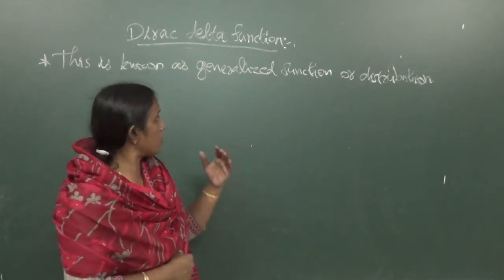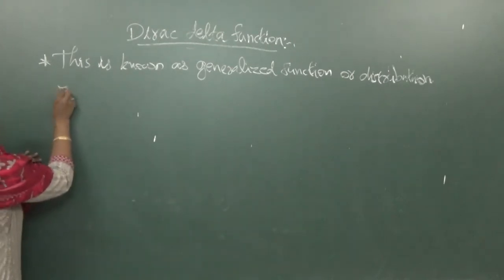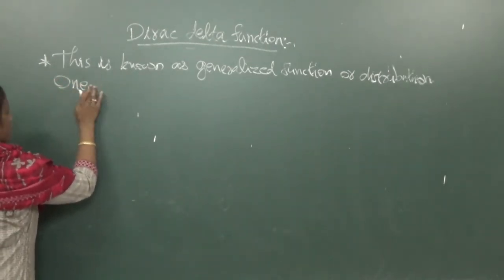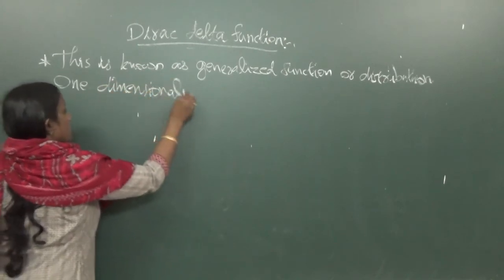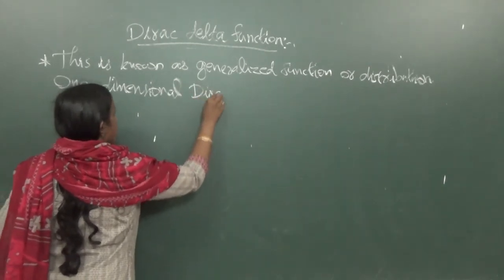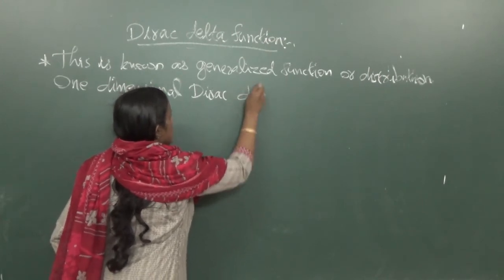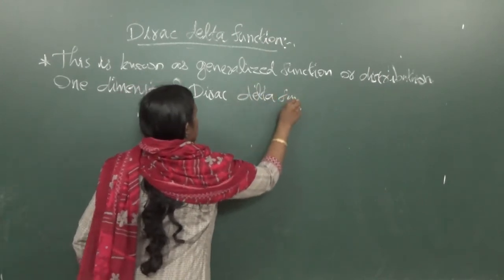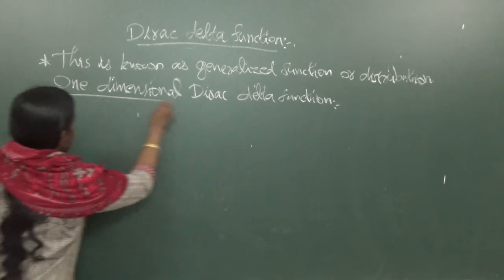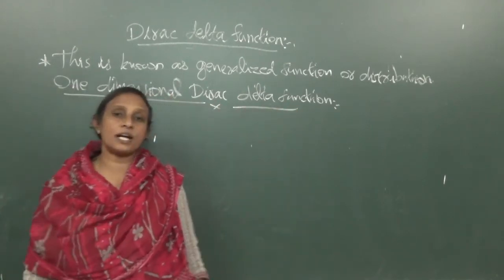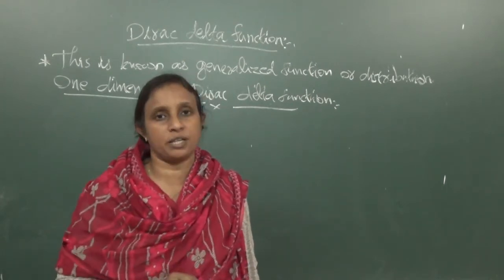Okay, now we will learn about its one-dimensional version, the one-dimensional Dirac delta function. In the case of the one-dimensional Dirac delta function, the function depends on only one independent variable.